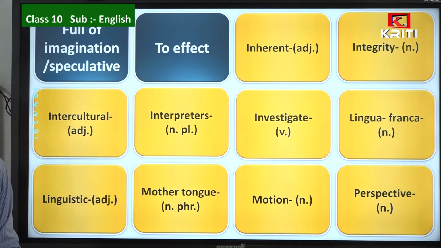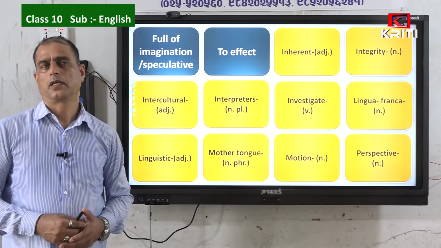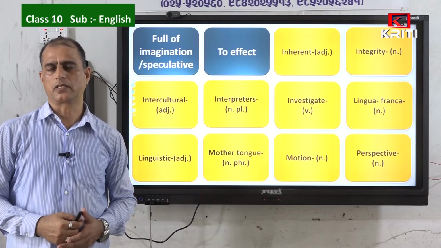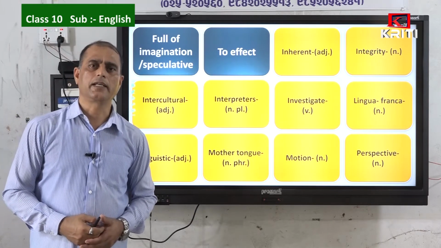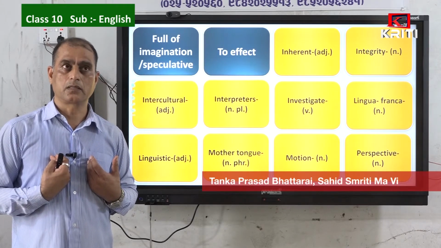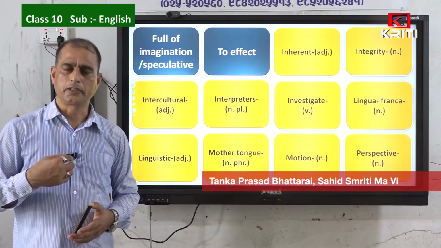Okay, similarly, the next word is inherent. Inherit, that is the verb form. Inherent and inherit, no, they are not similar. Inherent is something different. Inherited means that is passed from one generation to another generation. But inherent means my inherent power is unique. It means different than others. Inherent, internal.